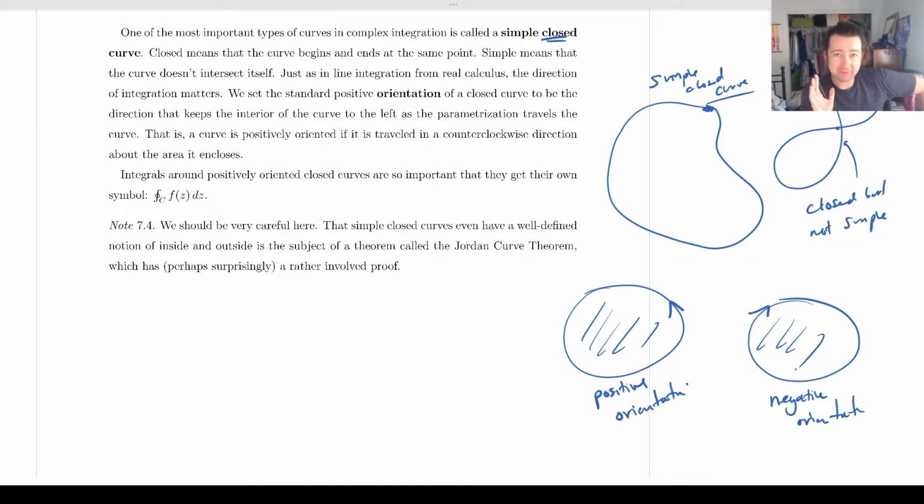It is sort of amusing to point out that this idea of inside and outside, and the fact that curves have an inside and an outside so that this notion of orientation makes sense, is the subject of a really beefy theorem called the Jordan curve theorem. The Jordan curve theorem basically says that every continuous simple closed curve has an inside and an outside.